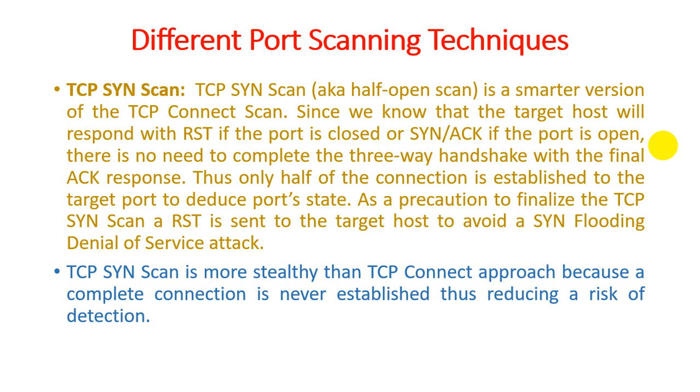If your connection is complete, your risk of being detected is higher, because if you provide the final ACK, they can easily find that you are not a legitimate user. So through the TCP synchronized scan, the connection is never established, thus reducing the risk of detection, because if the hacker finds RST, they can directly use another port number, find another user, and gain access.